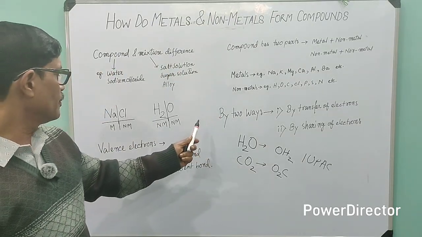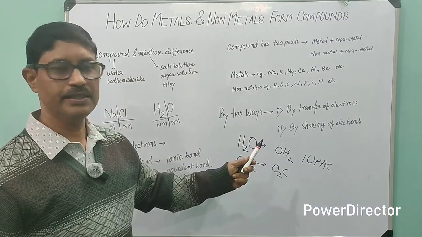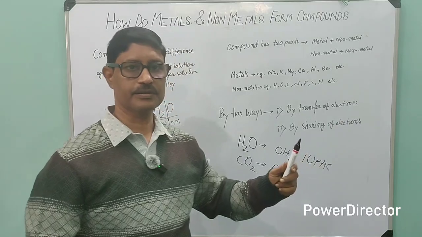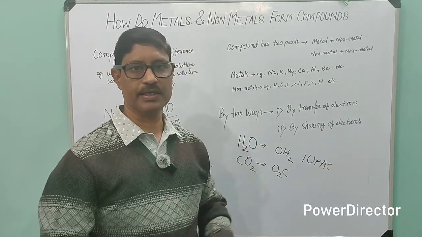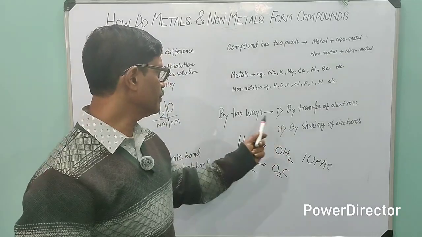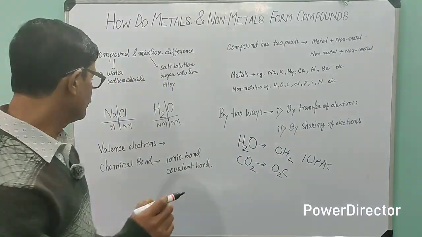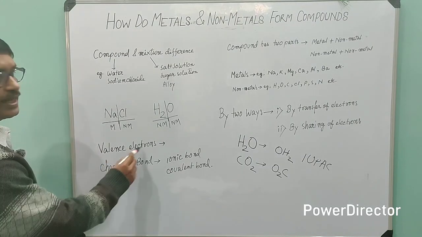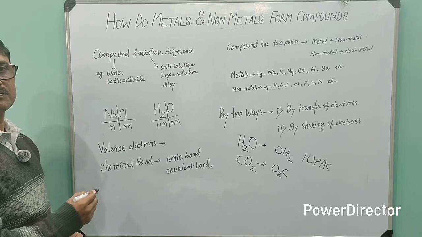Compound is formed by two ways. What are the two ways? Number one, by transfer of electrons. Number two, by sharing of electrons. Before discussing those ways, we have to know two basic concepts: valence electrons and chemical bond.